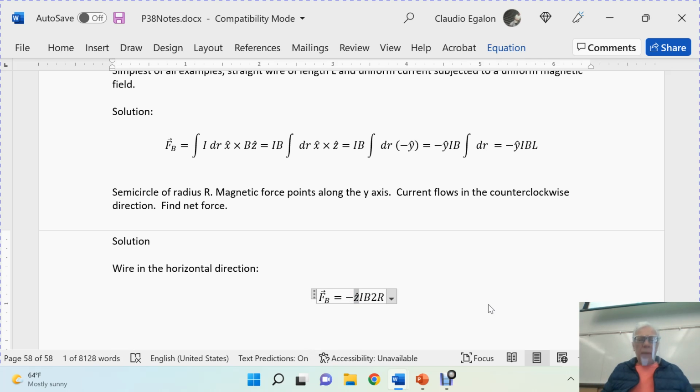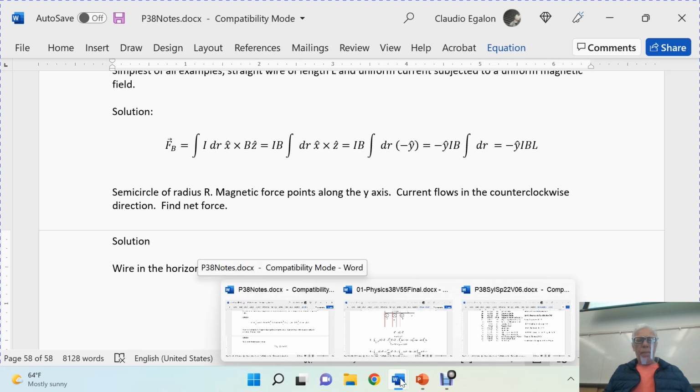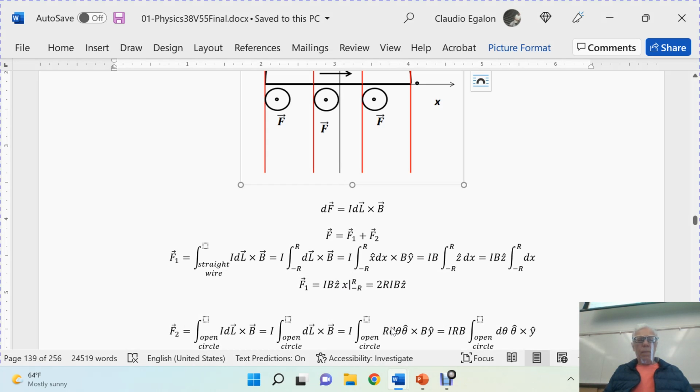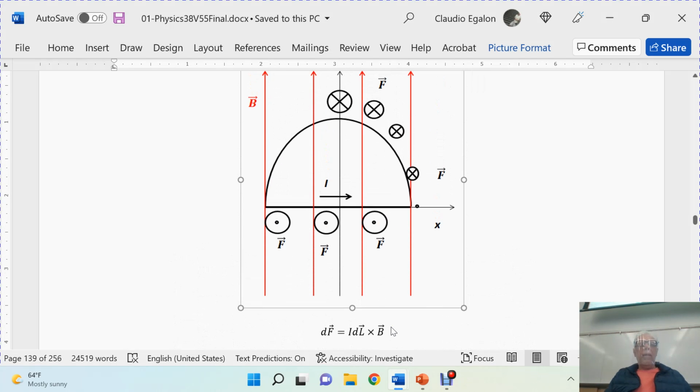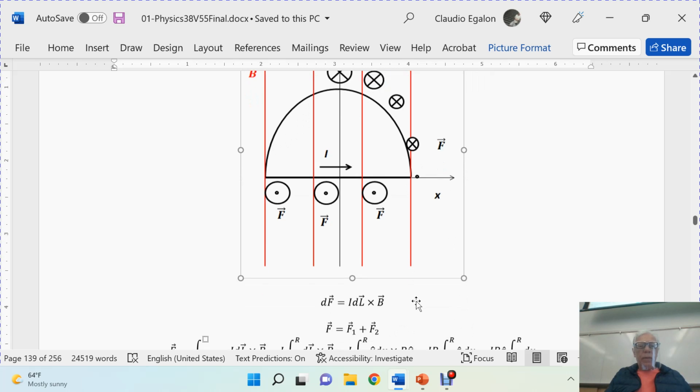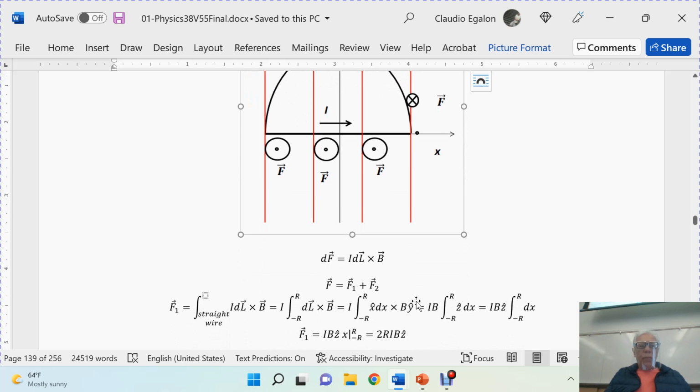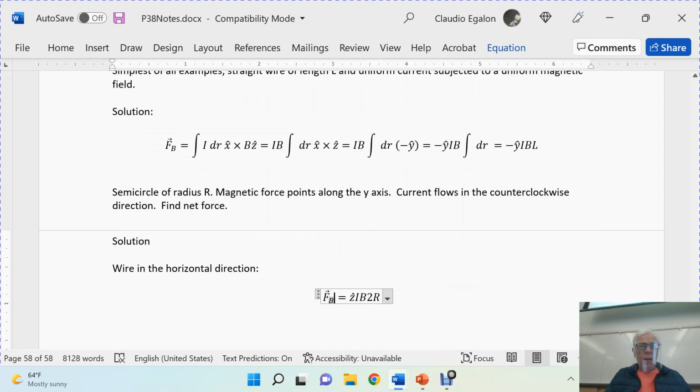In this case, it's going to be a positive z due to the right hand rule, I cross B. I'm going to label that F1. And then what about here?